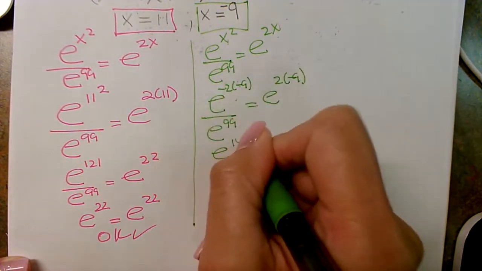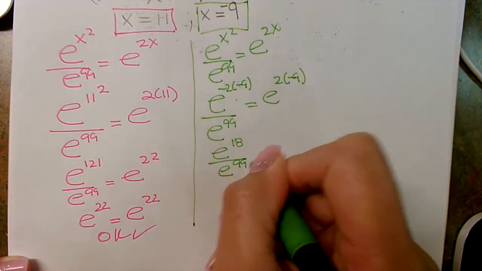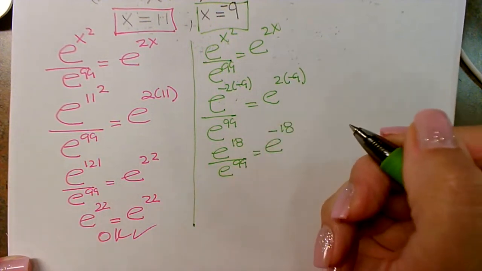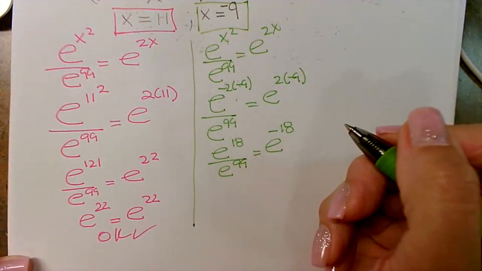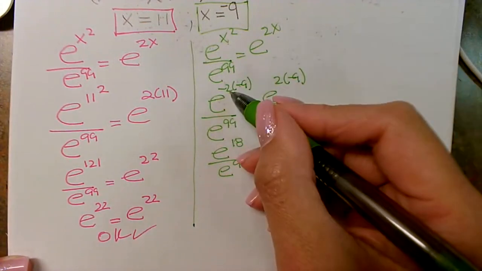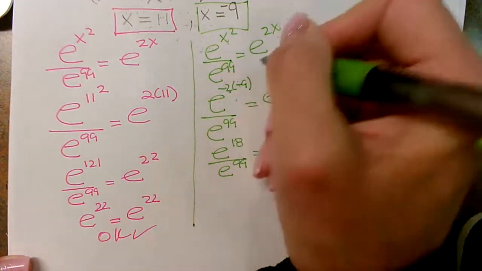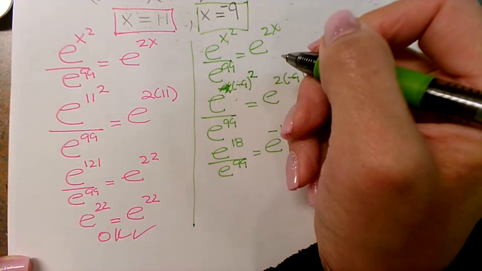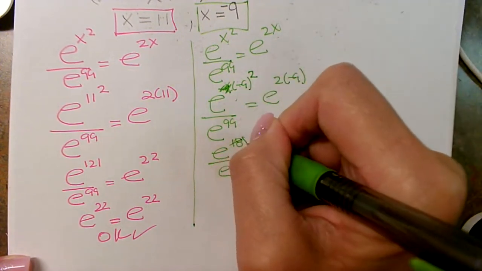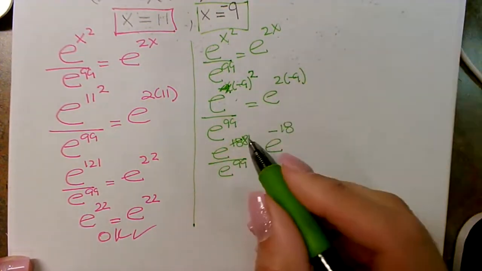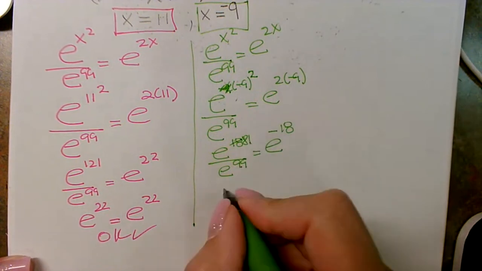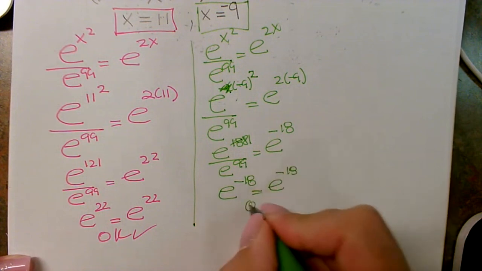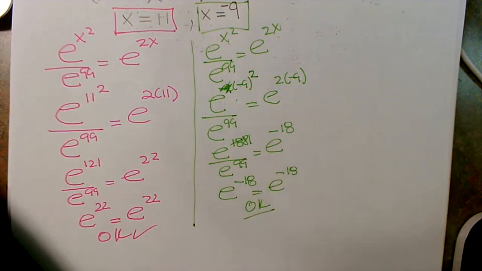So this is going to be e to the 18 and e to the negative 18. Oh, it's not 2 times, it's a square. So it's 81. There we go. When we subtract 81 minus 99, we get negative 18. So it's okay. It's the same.